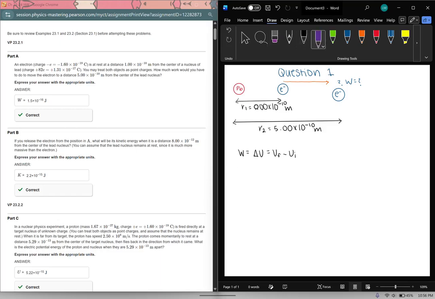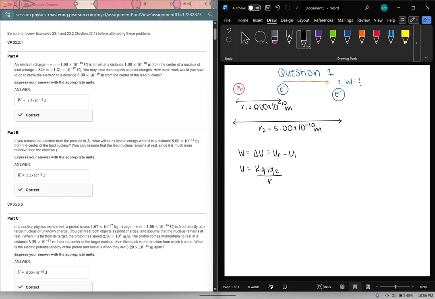I meant to put the potential energy equation: U equals k times Q1 times Q2 divided by r, which is the distance. Q represents the electric charge, r represents the distance between the two charges, and k is Coulomb's constant.